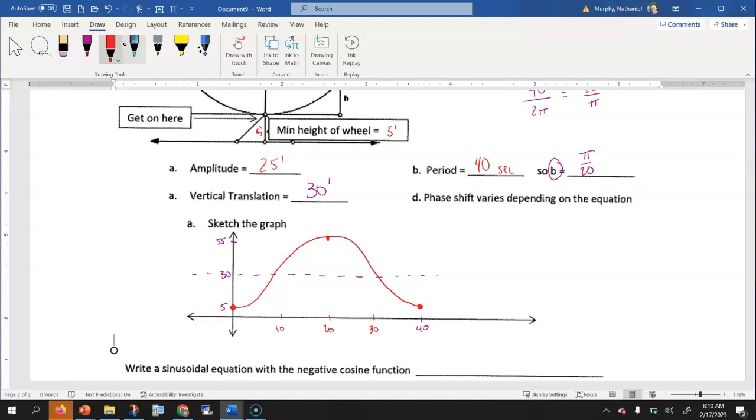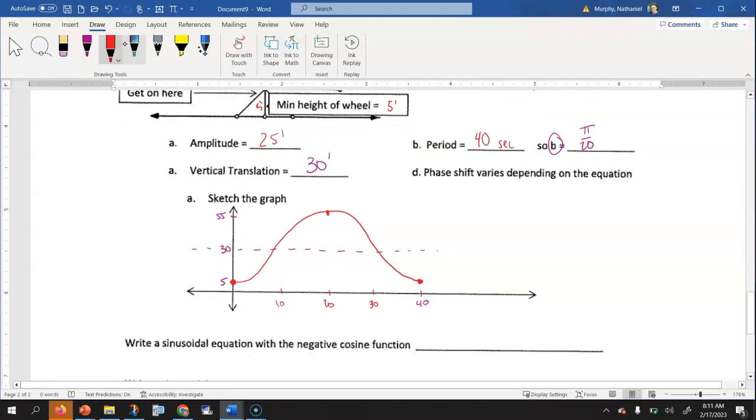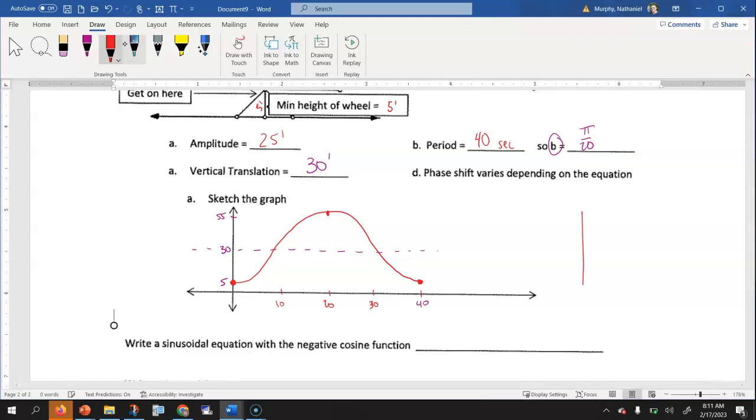Now we see that this looks very similar to a cosine function when it's flipped upside down. That's actually what this first question is asking us: write a sinusoidal equation with a negative cosine function. Remember, the cosine function normally would look like that, but this is the cosine function flipped, so we're going to have a negative out in front to flip it.